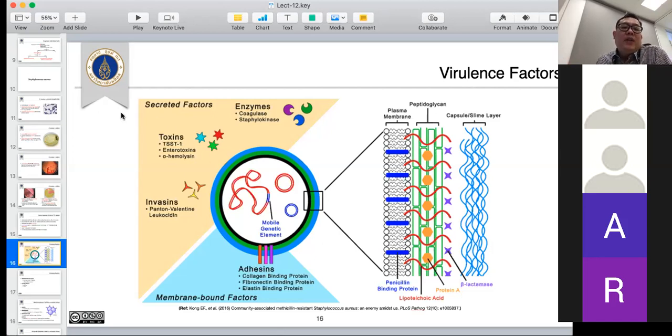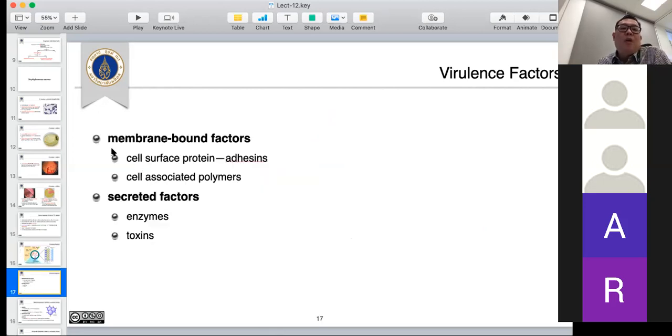Okay, secreted factor might be enzyme and toxin. Okay, invasive is classified as a type of toxin. Well, I would say Staph aureus comprise membrane bound and secreted.